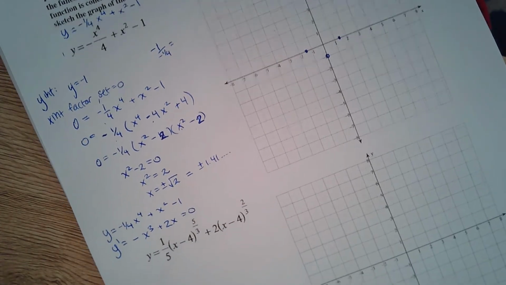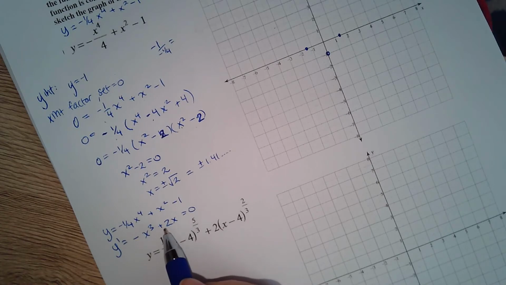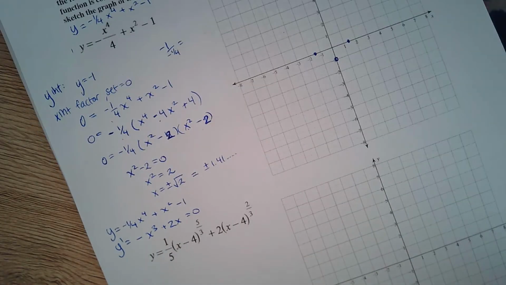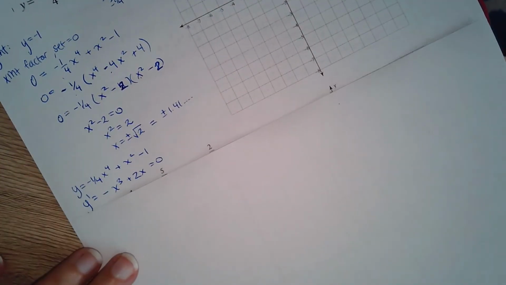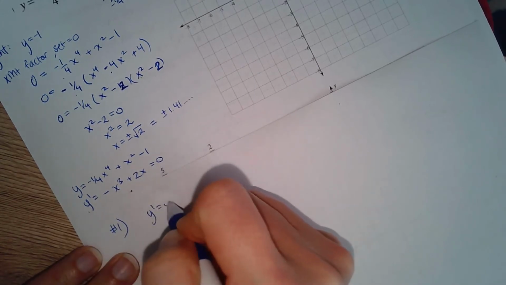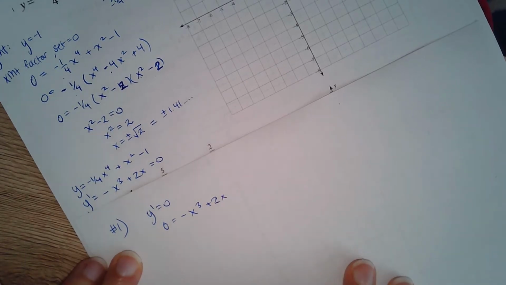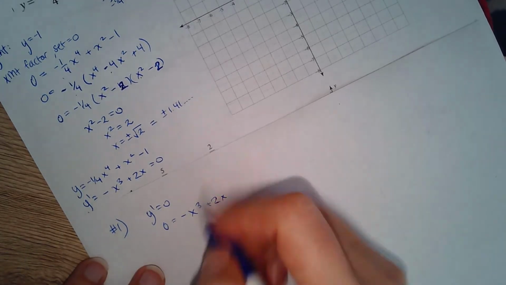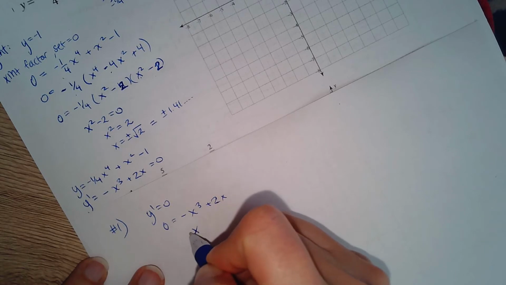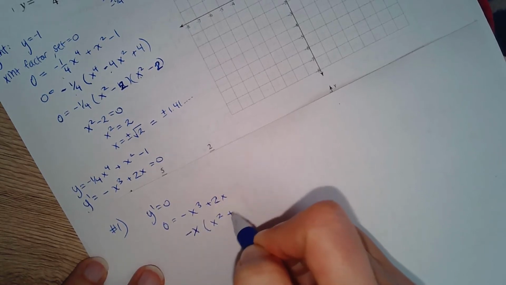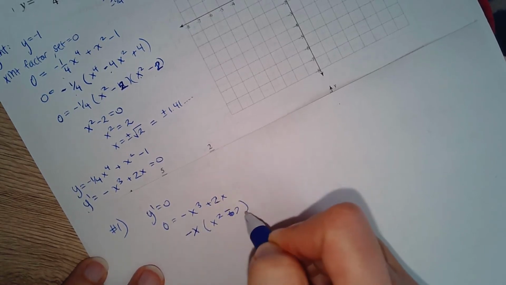So what we're going to do is we're going to set it to 0. And this is a lot easier to factor. I'm just going to rewrite it. Let's use a clean piece of paper, the back of the next sheet just to kind of make that easier. So this is number 1. Okay, and we're setting our derivative equal to 0, so 0 equals negative x cubed plus 2x. Okay, and when is it equal to 0? Let's factor out a negative x, x squared minus 2, sorry.